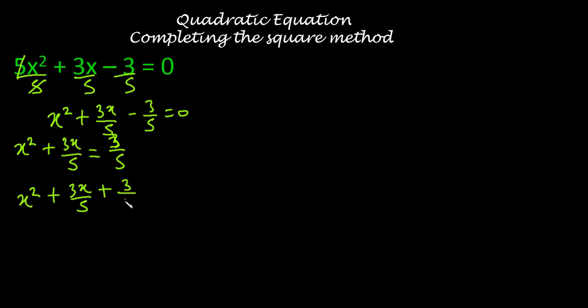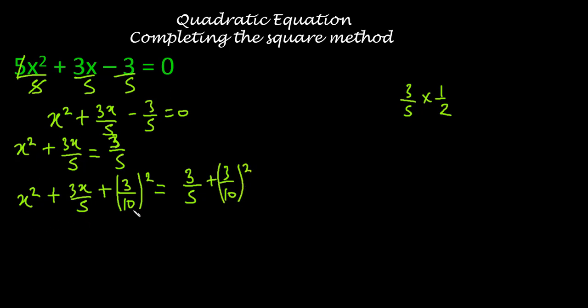3 over 10, because we are multiplying 3 over 5 times half. So we have 3 over 5 x plus 3 over 10, everything squared, is equal to 3 over 5 plus 3 over 10, everything squared.